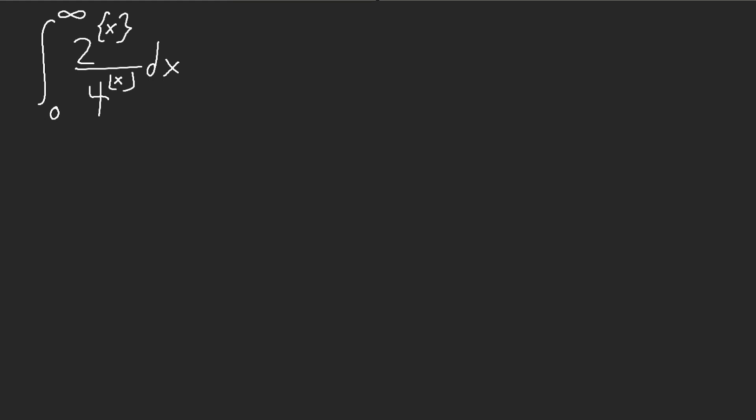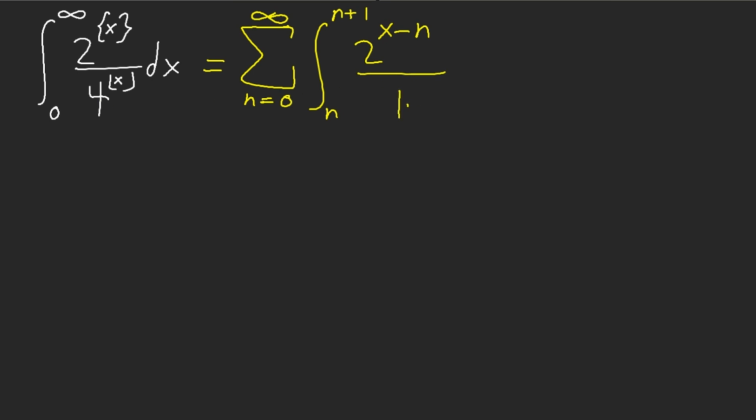Interesting. So, again, we immediately turn this into a sum. See what this looks like. n equal to 0, n to n plus 1. We have 2 to the power of the fractional part, so we have x minus n, and then we have 4 to the power of n dx.